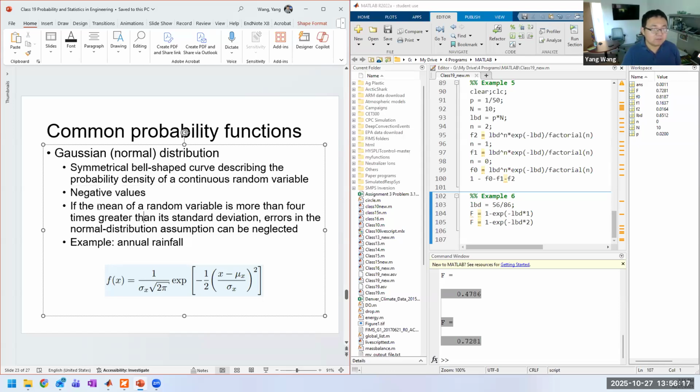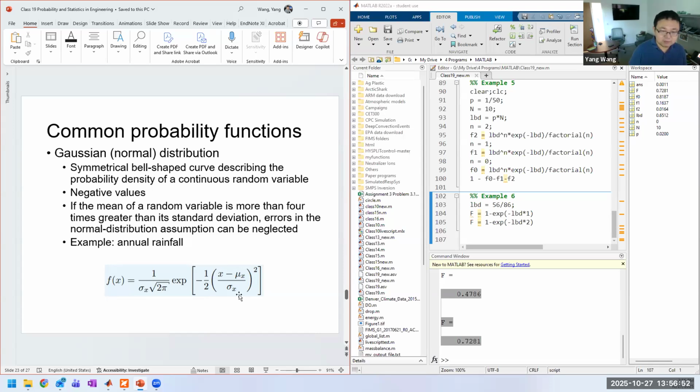But people found that if the mean of the random variable is more than 4 times greater than its standard deviation, which means the bell shape is very narrow, then errors from the Gaussian distribution assumption can be neglected. For example, the rainfall in Miami mostly exists around 1 meter per year, which is really far away from the 0 point.